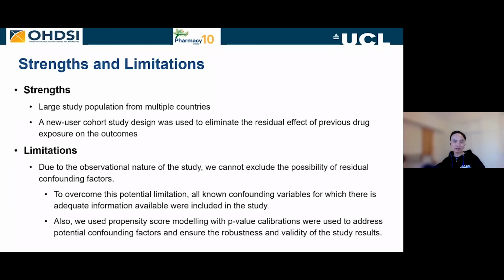There's always the possibility of confounding. We cannot completely eliminate it. And we used propensity scores with p-value calibration, which gives us some reassurance that what we're doing is robust and valid.